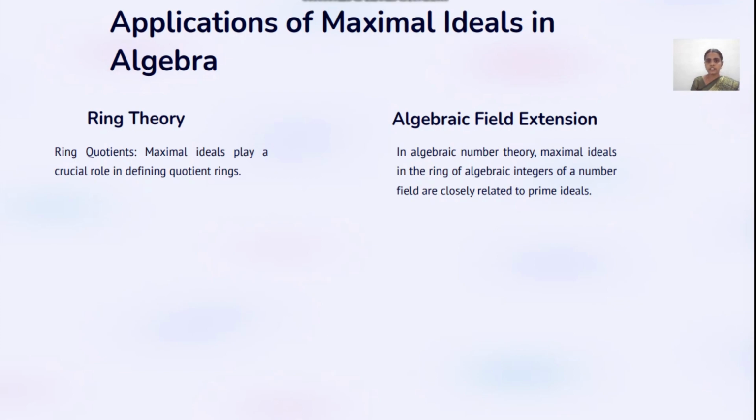And in the field of algebraic field extension, maximal ideals play an important role. In algebraic number theory, maximal ideals in the ring of algebraic integers of a number field are closely related to prime ideals. These ideals are used to study properties of algebraic number fields and their extensions. Maximal ideals are instrumental in providing results related to unique factorization of ideals in number fields.